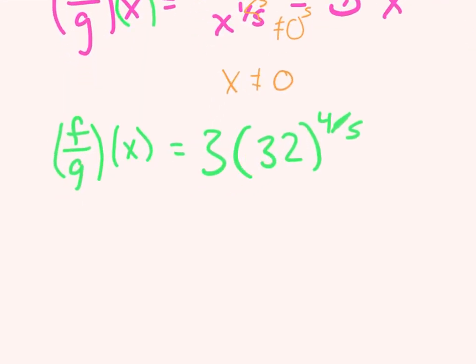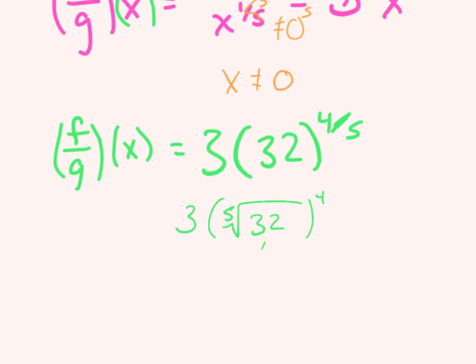How do we evaluate 32 to the 4/5 power? What's our index? 5. So we're taking the 5th root of 32 to the 4th power times 3.